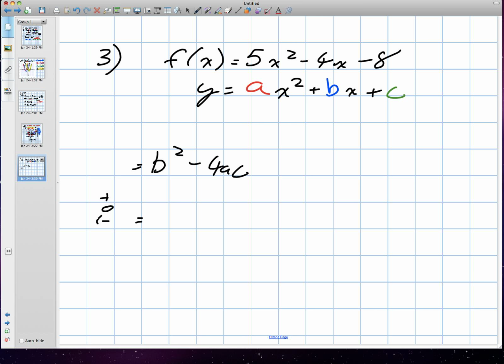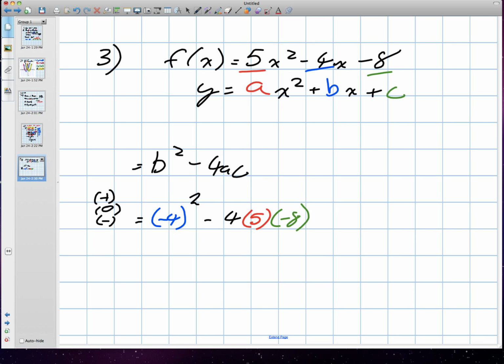These are our options. So we take our b value, which is negative 4. Negative 4 squared minus 4 times our a value, which is 5, and our c value, which is negative 8.